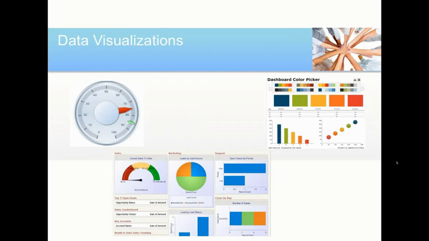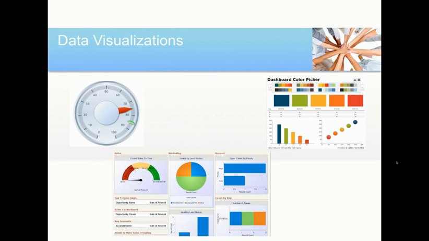It's very simple. They understand the dial and they understand the colors, red and green. So on the right, we have our dashboard color picker, and there's all types of colors that you can pick. But you have to really look at your industry, your company, your purpose, your goals, and your users in order to choose the correct colors.